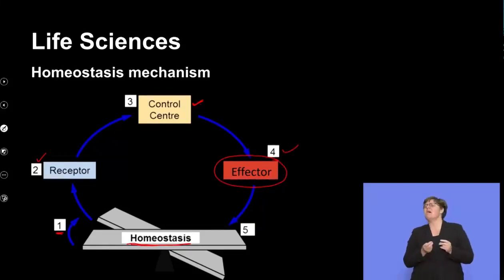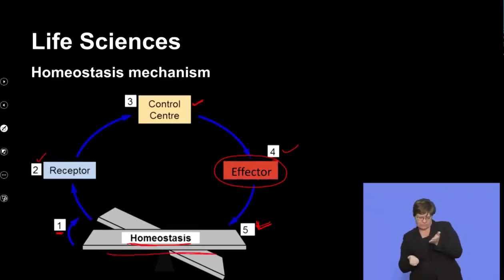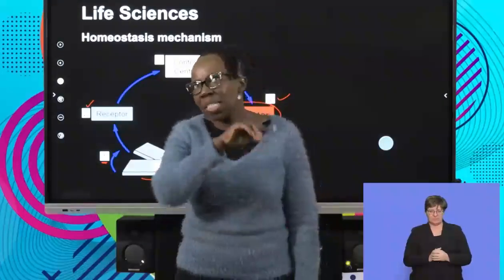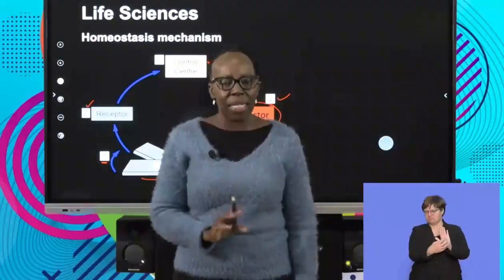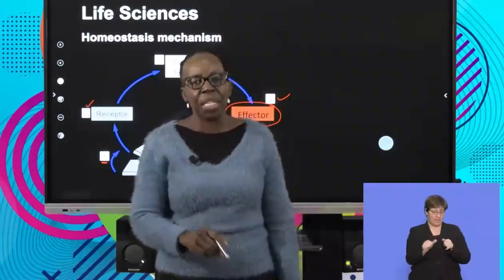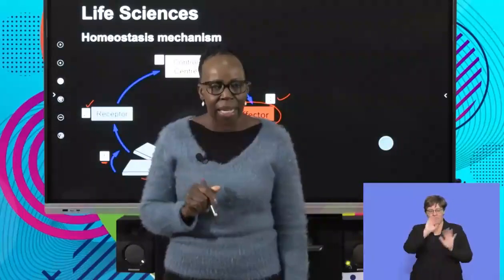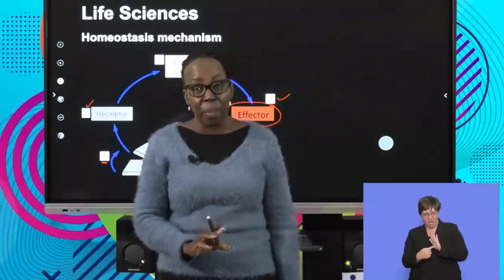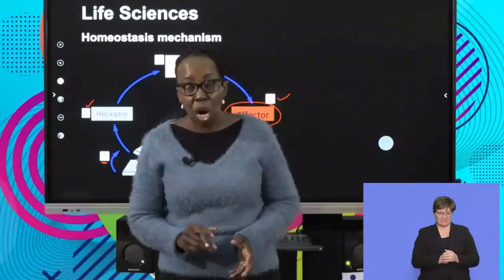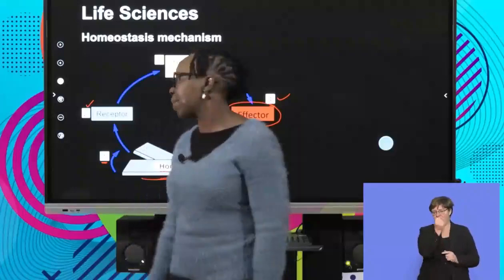That is number 4. And what is going to happen? The effector will reverse the imbalance, and then the balance will be restored. That is a simple sketch or just a circle that will make you understand homeostasis easier, with the steps that we dealt with and with this diagram that makes you remember, or that will give you a better understanding of how homeostasis is taking place.